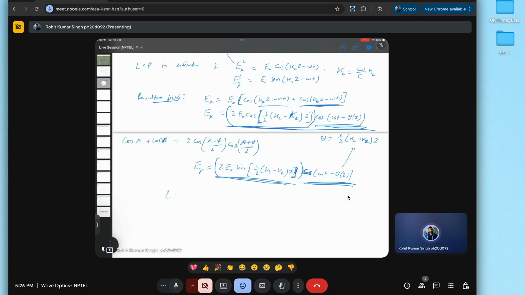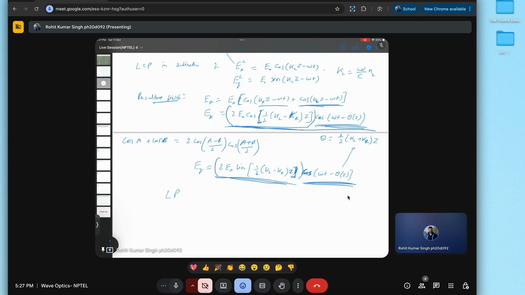You get a linearly polarized wave, right? So a linearly polarized wave has both the x and y component having cos dependence. Do you remember? You can check your notes. Yes, sir, I'm checking that. Yeah, you can check. Okay.